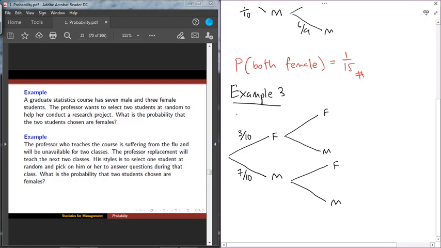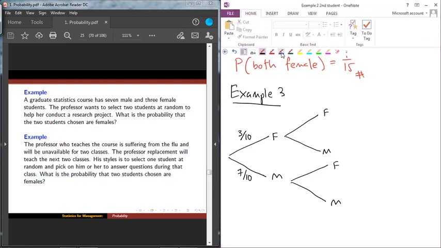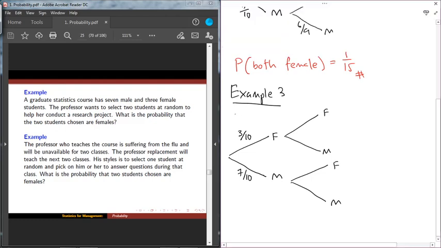The first student here, if she is a female, 3/10, male 7/10. The second student here, if she is a female, the probability still remains the same because nobody is going out.